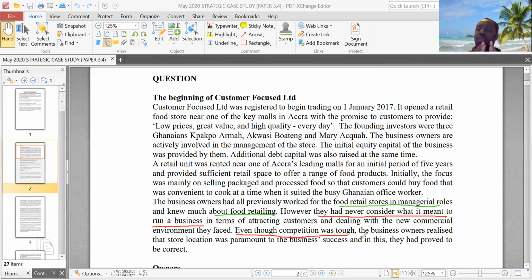How are they able to make themselves unique or differentiate themselves in such a way that they are different from their competitors? And you can differentiate yourself in many ways, right?